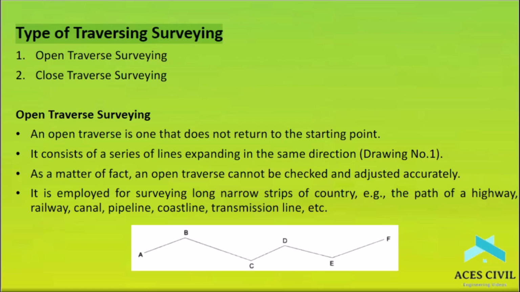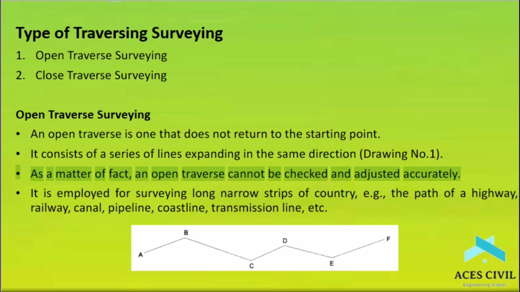Types of traverse surveying: 1. Open traverse surveying. 2. Closed traverse surveying. Open traverse surveying: an open traverse is one that does not return to the starting point. It consists of a series of lines expanding in the same direction, as in drawing number 1.